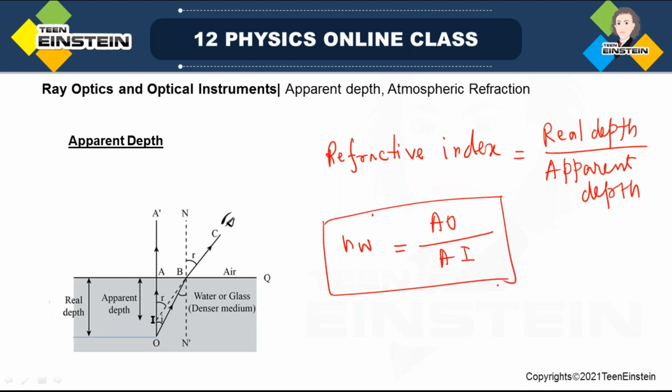Refractive index is equal to real depth over apparent depth.